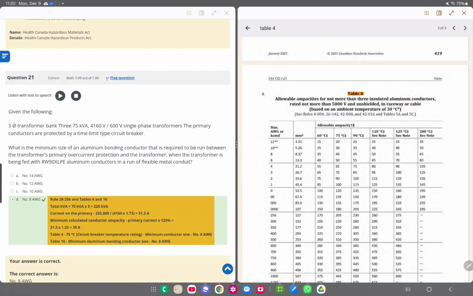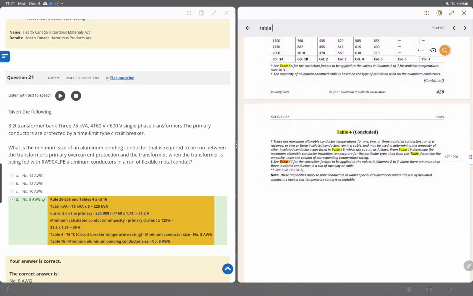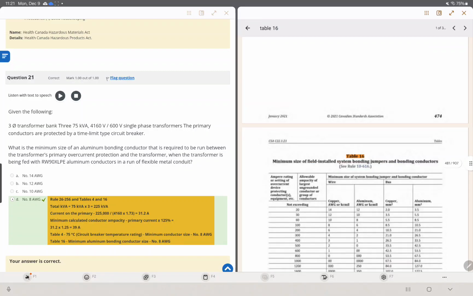Okay, now that we have our 40 amps, we go and look at the question again to ask what do they want? So what is the minimum size of aluminum bonding conductor? So now we need to take ourselves over to table 16. Table 16.